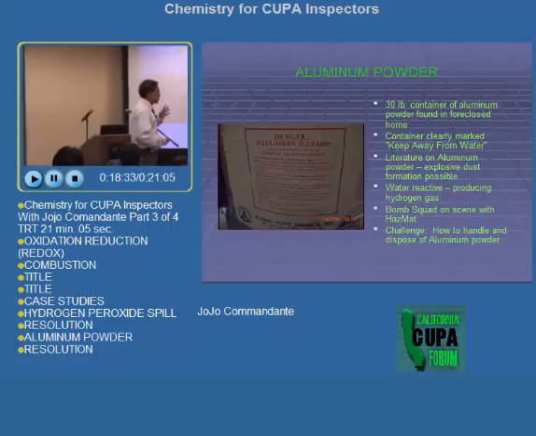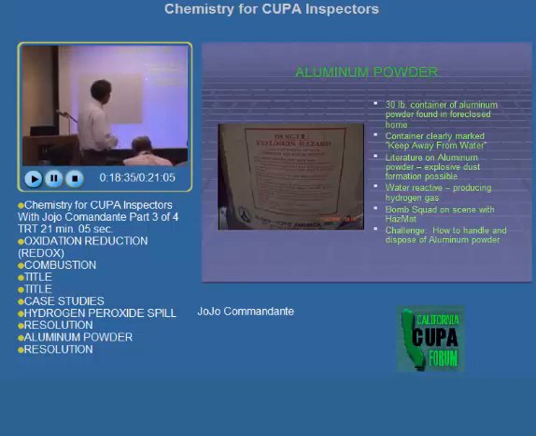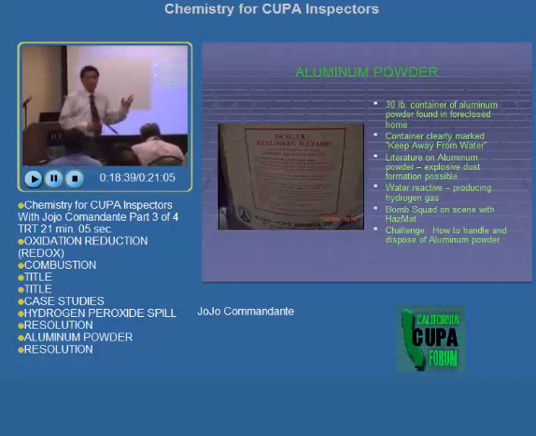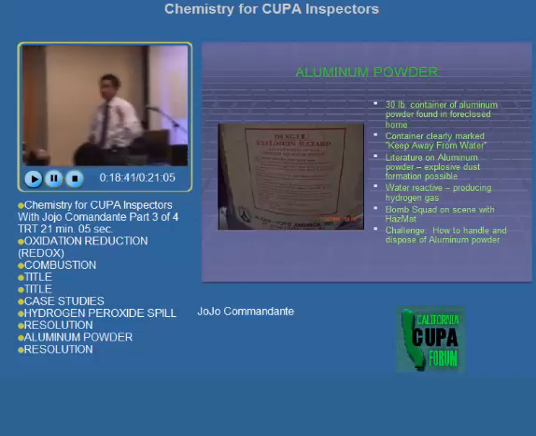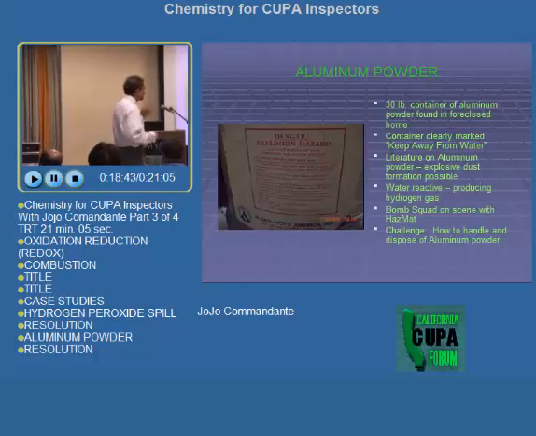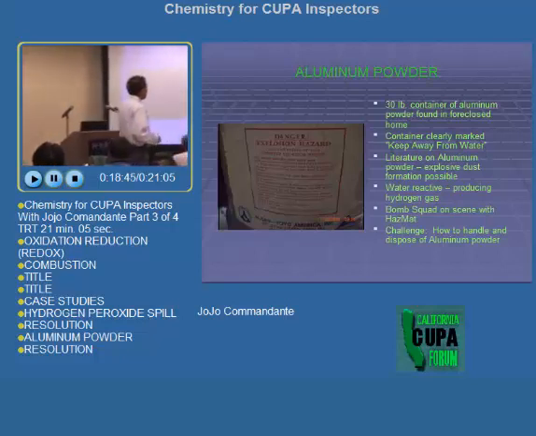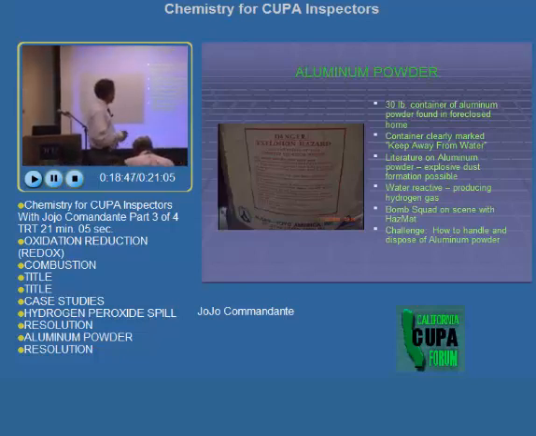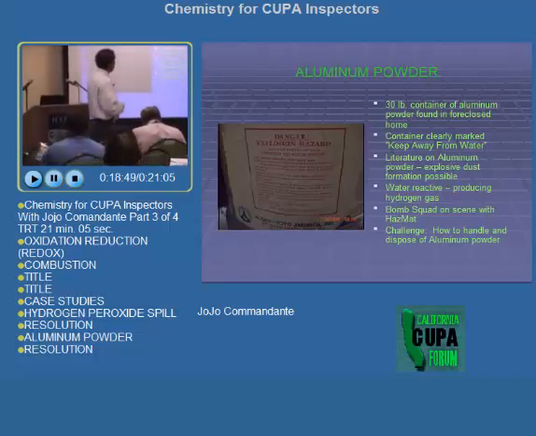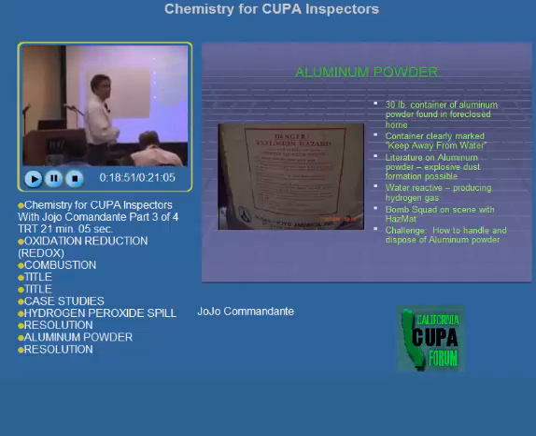Container clearly marked, keep away from water. And then the literature on aluminum powder says explosive dust formation is possible. Water reactive, producing hydrogen gas, because it is finely divided.